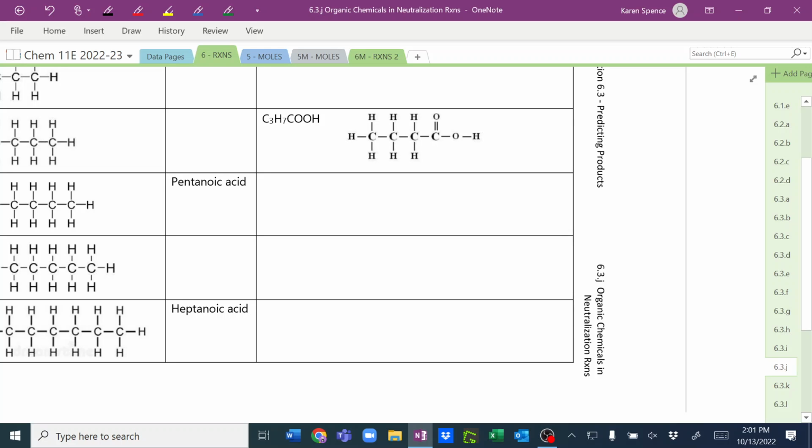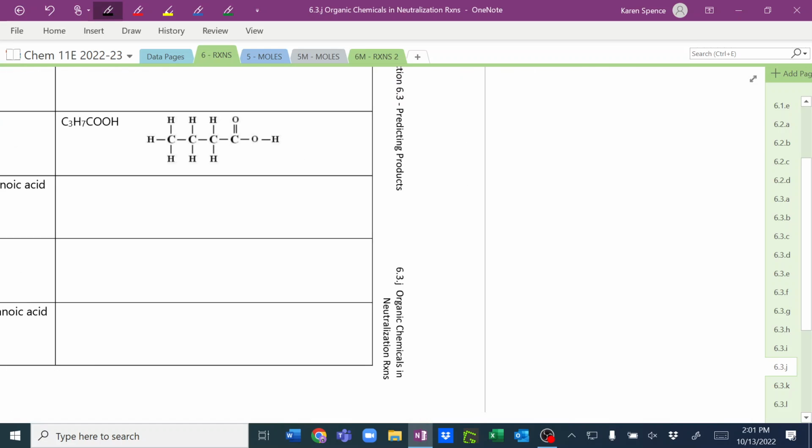A methyl group. Okay, so if you have a carbon chain, so let's say, what would this one be? If we had like this, what would its name be? Those are all hydrogens. Butane, okay.